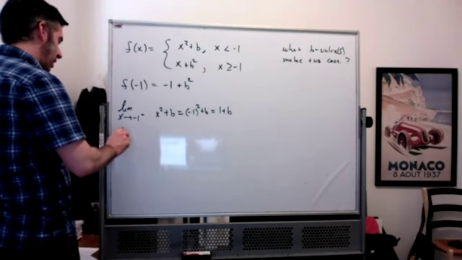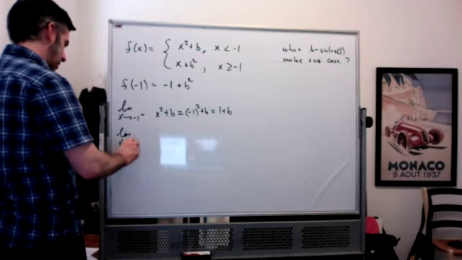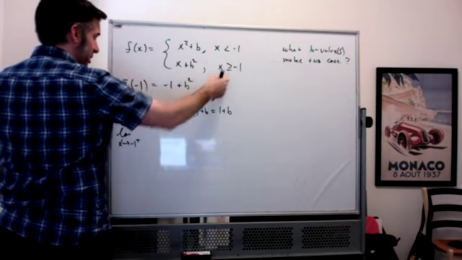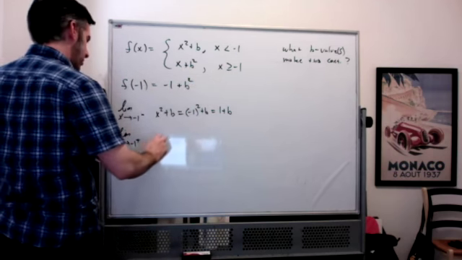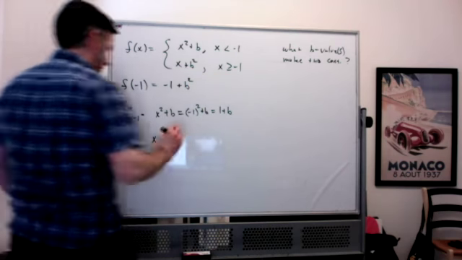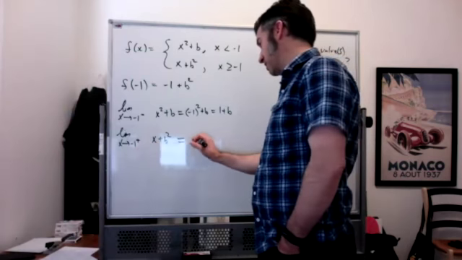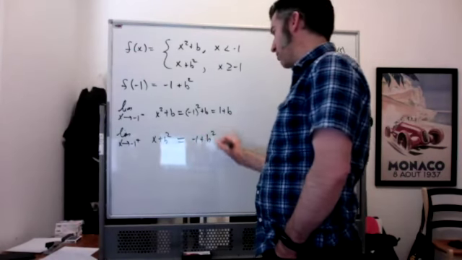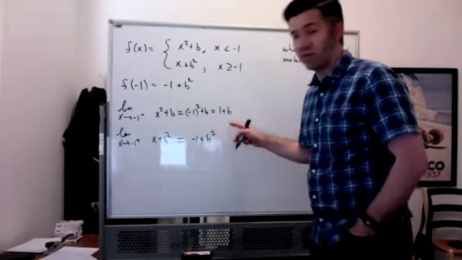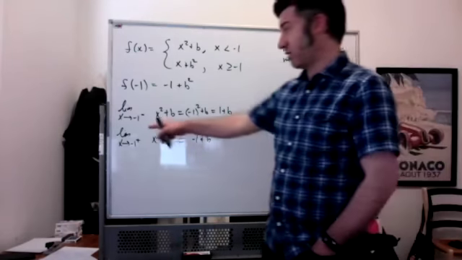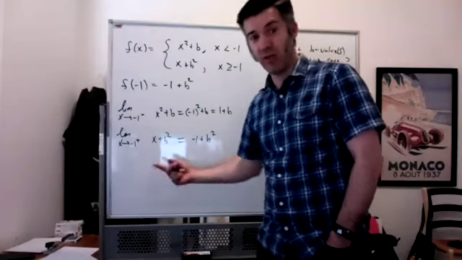Now look at the limit from the right. As x approaches -1 from the right, I'm going to be using this piece of the function because that's where x is bigger than -1. I'm going to plug in -1 for x and get -1 plus b squared. Now I have to set these two equal to each other because for the function to be continuous at -1, the limit as we approach -1 from the left has to be the limit as we approach -1 from the right.